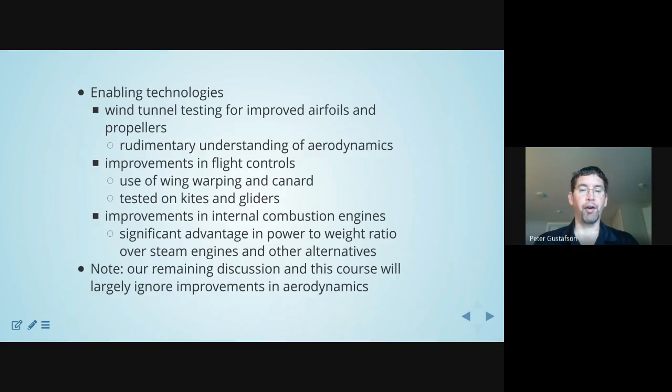They used a canard to control both pitch and to some degree yaw. Of course, as you guys probably are aware from Intro to Aerospace Engineering, yaw and roll tend to be coupled together. That was true then as it is now, but they were nevertheless able to control this with the control systems that they had in place.